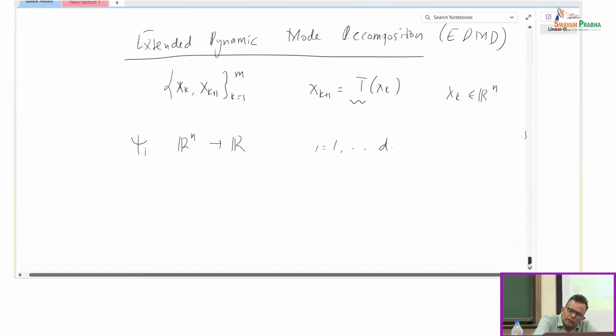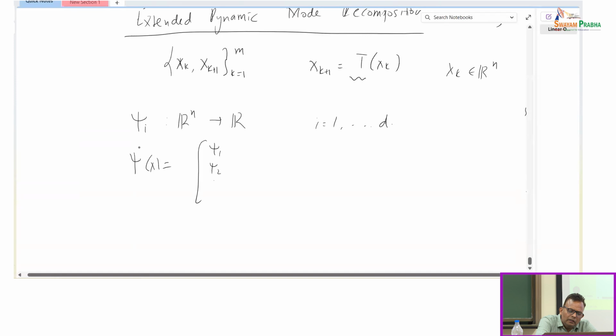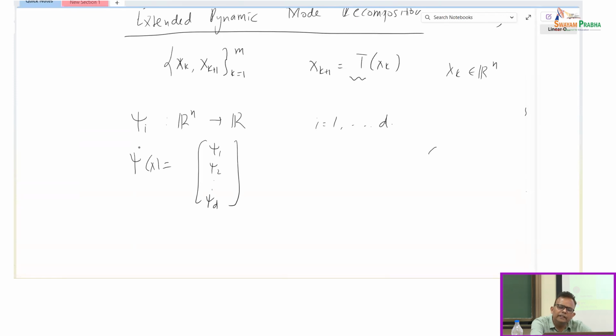You can put all these functions together in psi of x. This now becomes a vector valued function, psi 1, psi 2, to psi D, right? This is the so-called lifting function. D could be larger than or equal to n, so you are lifting into a high dimensional space.